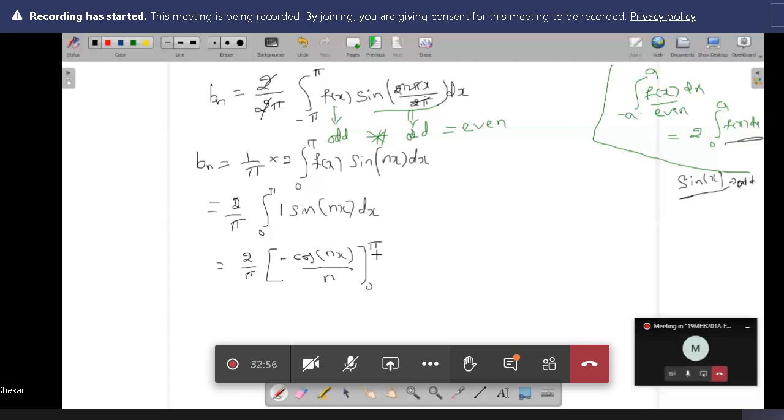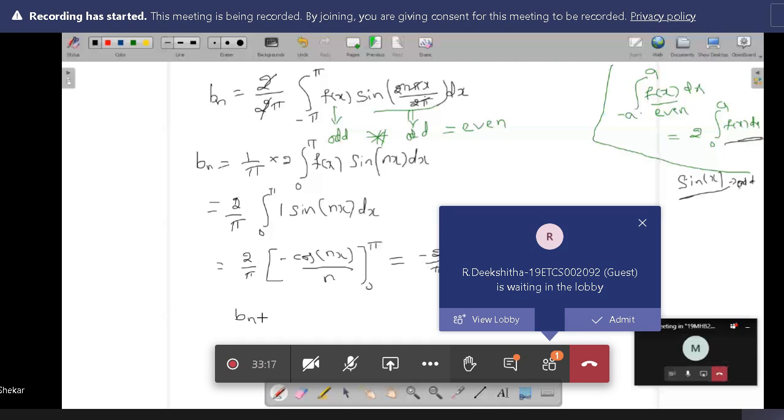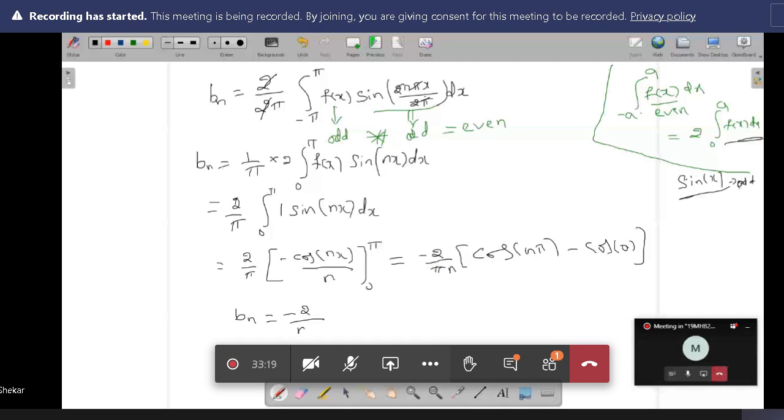Substituting the upper and lower limits, we get minus 2 by pi n, where n is also constant, times cos n pi for the upper limit and minus cos 0 for the lower limit. So bn equals minus 2 divided by n pi into minus 1 power n, since cos n pi is minus 1 power n, minus cos 0, which is 1.